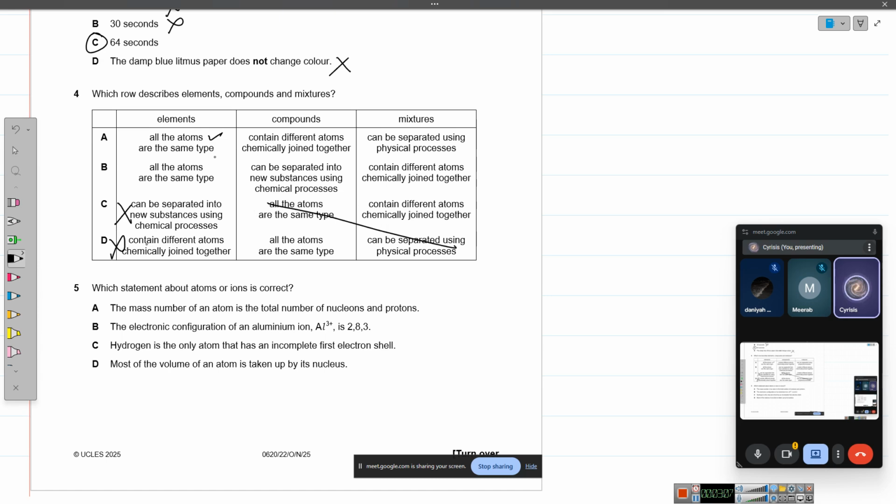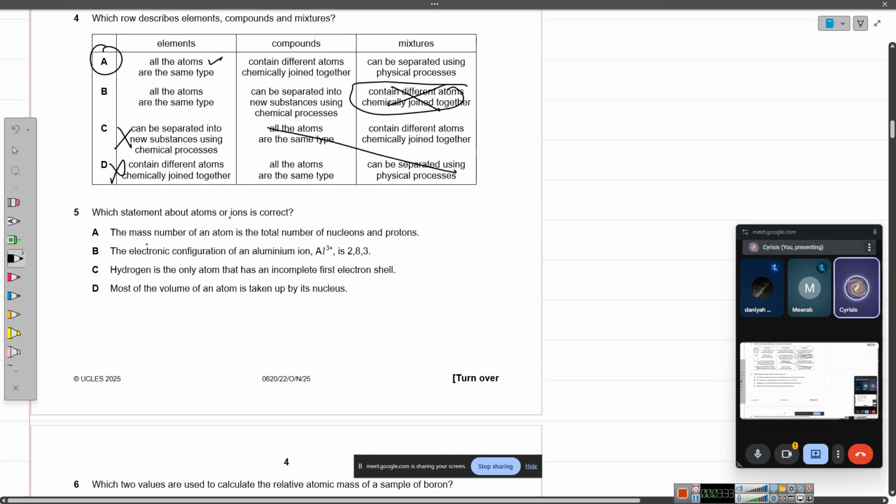Now out of these, A and B, compound: contain different atoms chemically joined together, can be separated into new substances using chemical processes. Fair enough, right? Can be separated using physical processes, that is correct. Contain different atoms chemically joined together, that is wrong, because in mixture we have a physical combination, not a chemical. So A is your option, right?